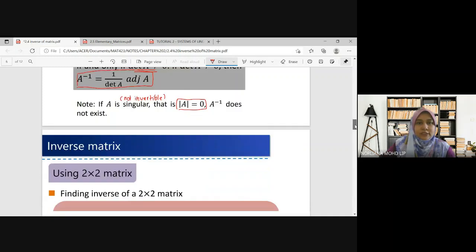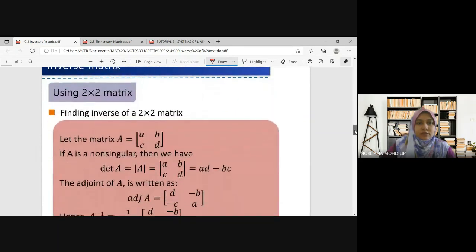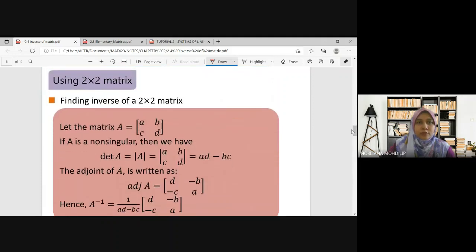Okay, look at this example. Okay, ni belum lagi example lah. Ni formula tadi nak proof formula using the general matrix A. Find the inverse of size 2 by 2 square matrix.